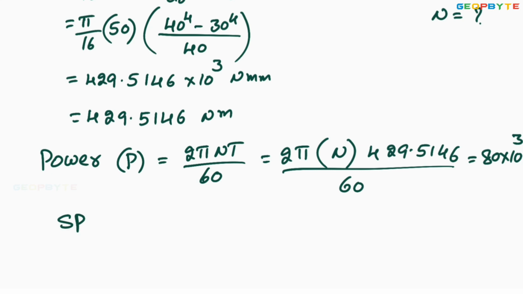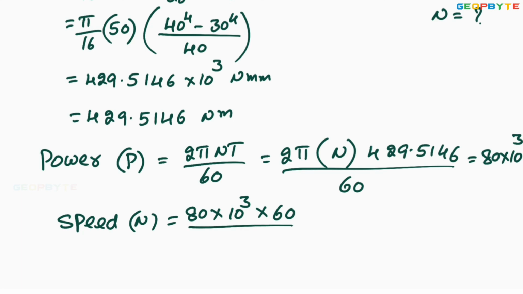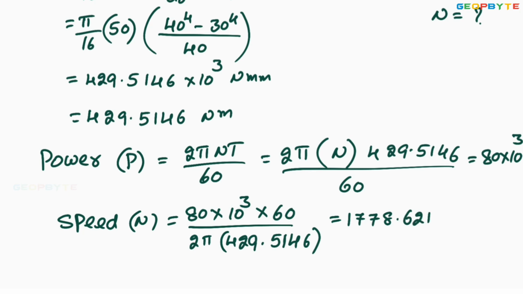From this, the speed N equal to, let us simplify, 80 into 10 power 3 into 60 divided by 2 into pi into 429.5146. You simplify this value for getting the speed around 1778.621 revolutions per minute.